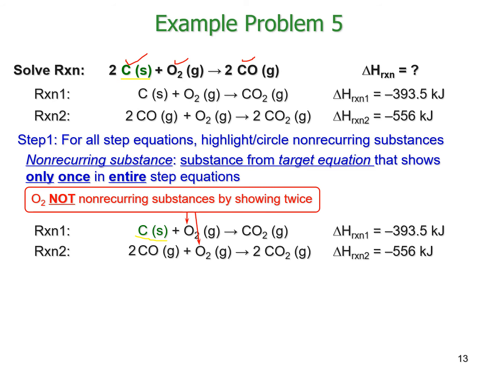How do we know? Because we see oxygen in both step equations. Now, let's check out the third one, carbon monoxide. Do we see carbon monoxide in the first reaction? Carbon, oxygen, CO2, carbon dioxide. We do not see carbon monoxide in reaction 1, but we do see carbon monoxide in reaction 2. So carbon monoxide is another non-recurring substance.